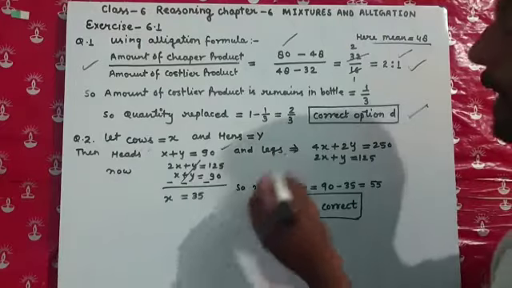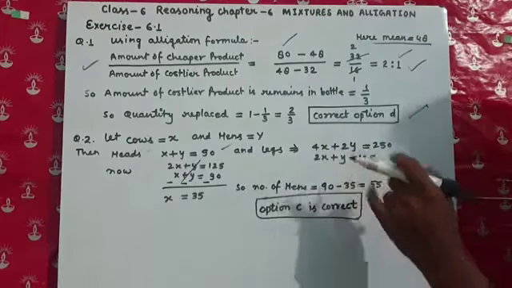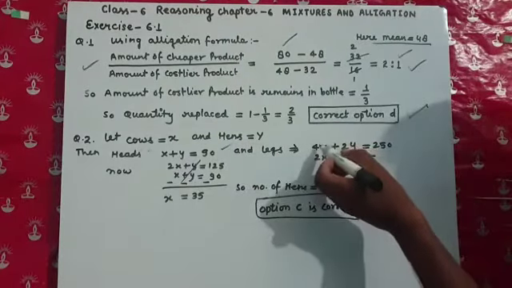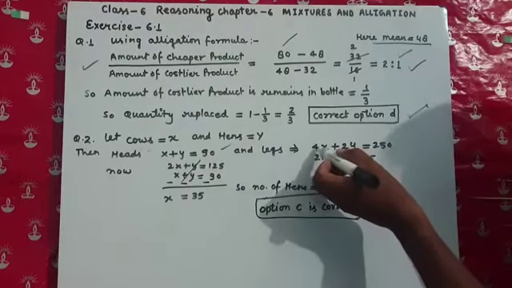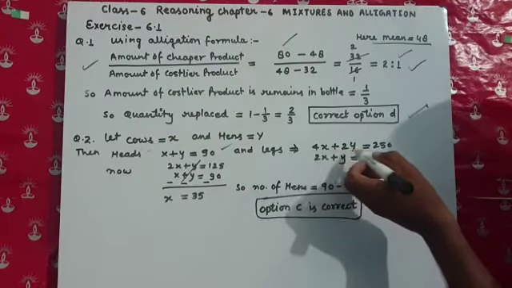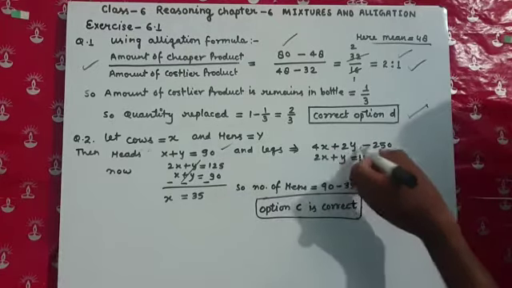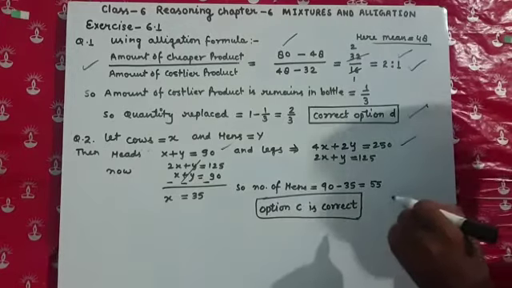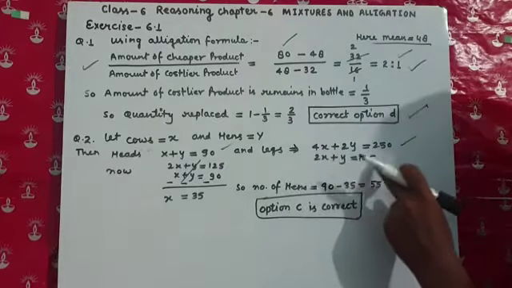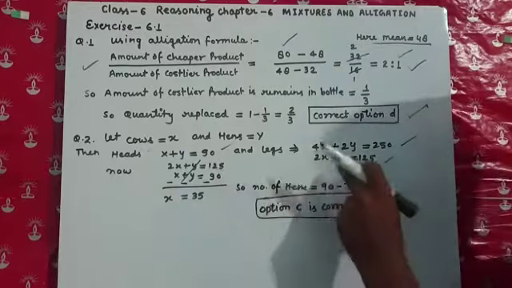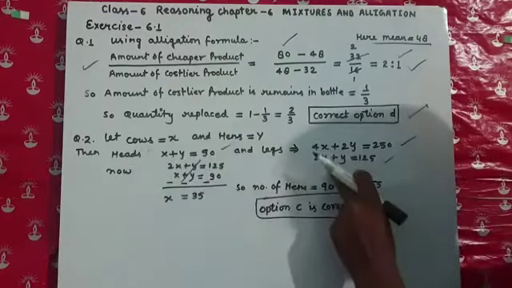Now it is given for the legs. We know that a cow has 4 legs, so 4 multiplied by the number of cows, and a hen has 2 legs, so 2 multiplied by Y, and the sum of them is given as 250 in the question. After dividing by 2 we are getting this equation, and now we are going to solve these two equations.